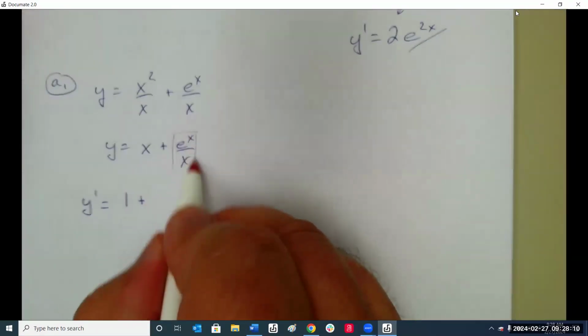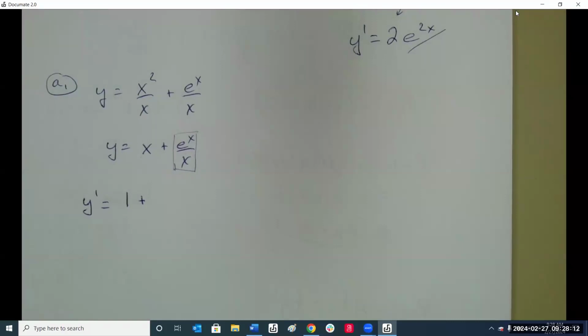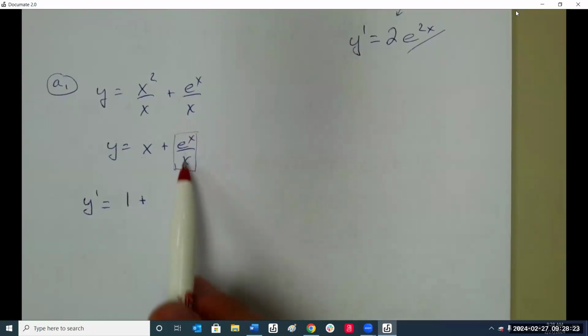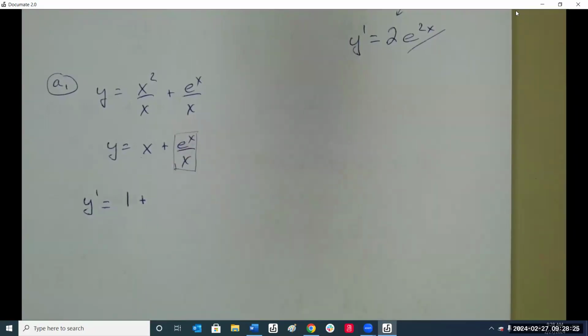Now, how do we take a derivative of this? What rule do we use there? What form is this? It's a quotient, it's a fraction. So we have to use the quotient rule.